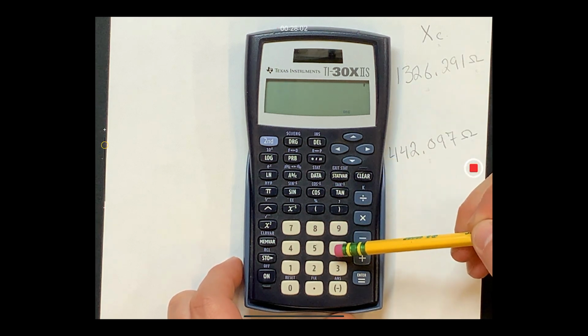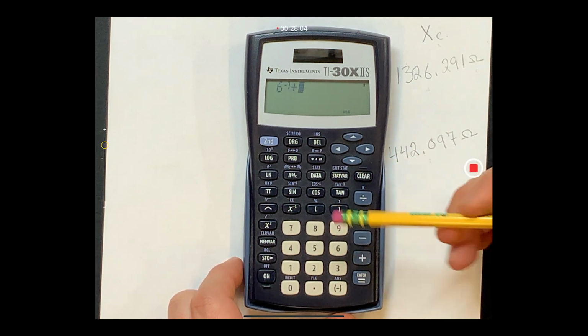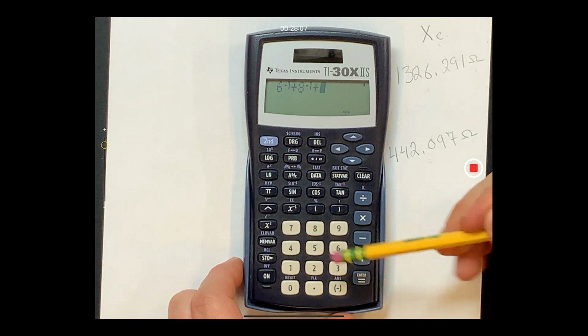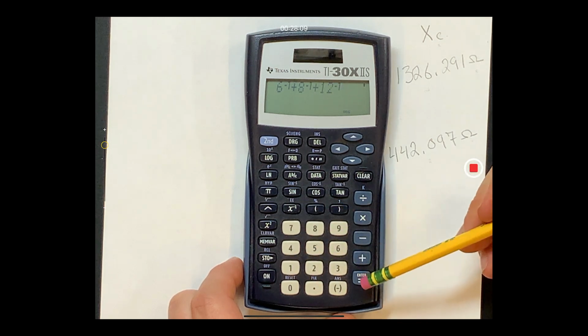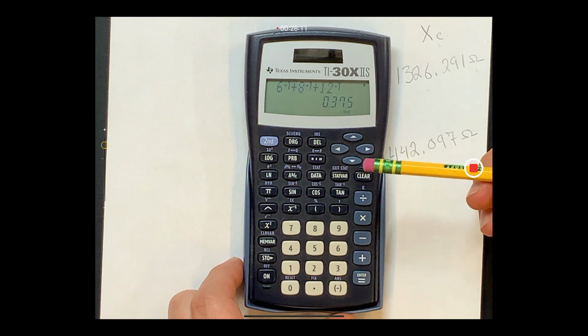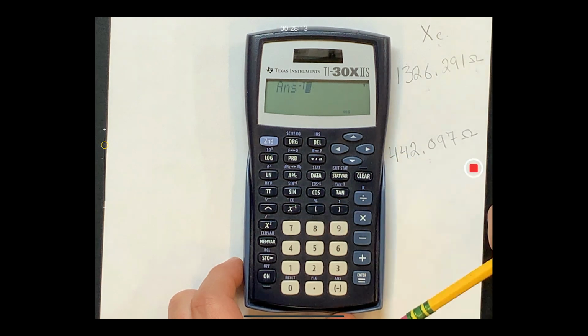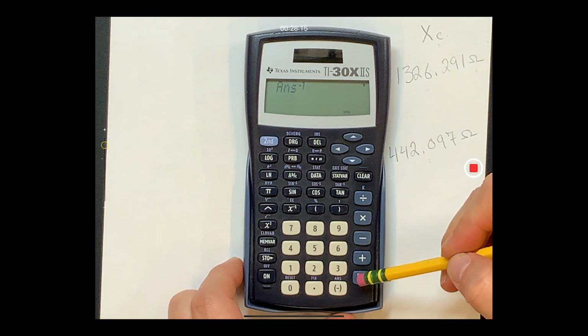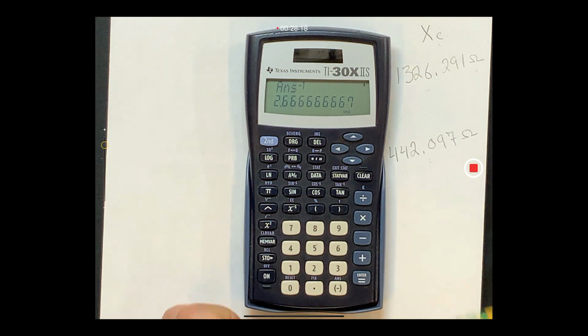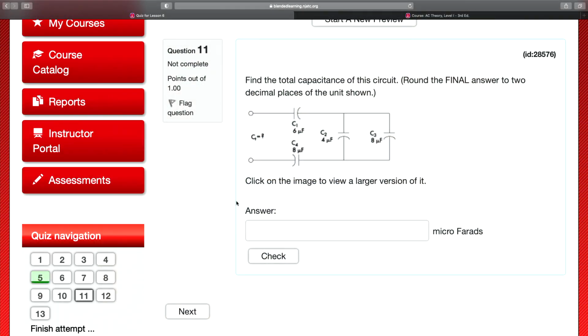So if I go 6 reciprocal plus 8 reciprocal plus 12 reciprocal and find what that equals, hit the reciprocal button one more time and factor that, and I get 2.66. Now that is microfarads, and that is what they're asking us for in the question, is what is the total capacitance.